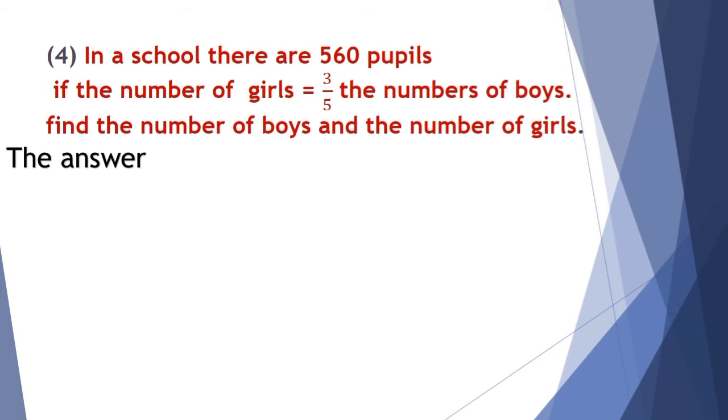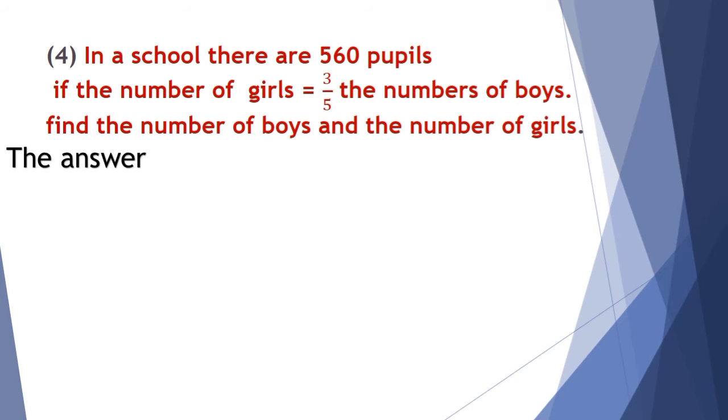The fourth problem. In a school there are 560 pupils. 560 pupils means all the pupils, boys and girls, which means total or sum. If the number of the girls equals 3 over 5 the number of the boys, find the number of the boys and the number of the girls.